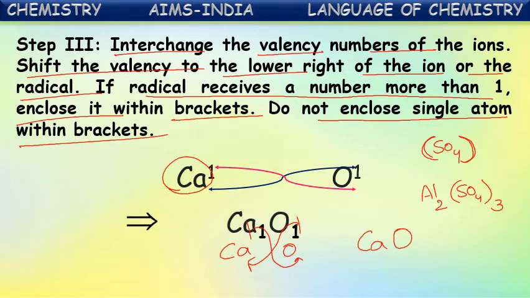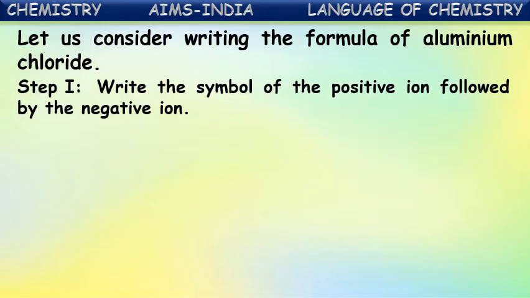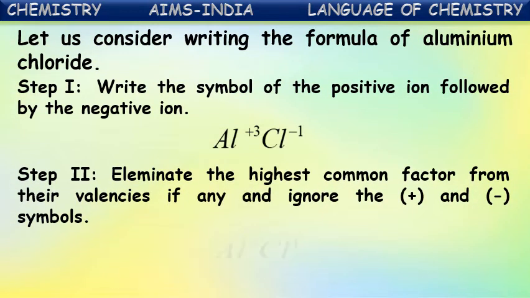Take one more example. Let us consider writing the formula of aluminium chloride. Aluminium symbol is Al and chloride symbol is Cl. Yesterday while discussing monovalent, divalent, trivalent, tetravalent, we already discussed that aluminium belongs to trivalent.